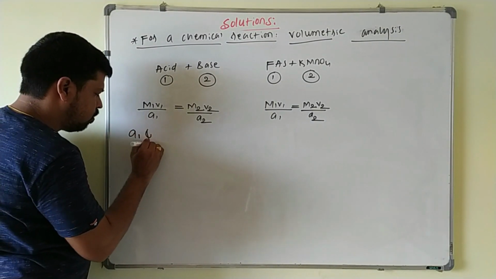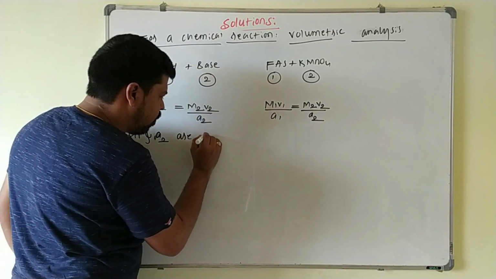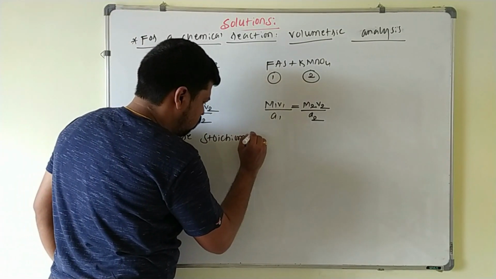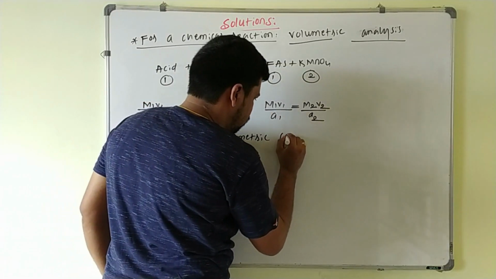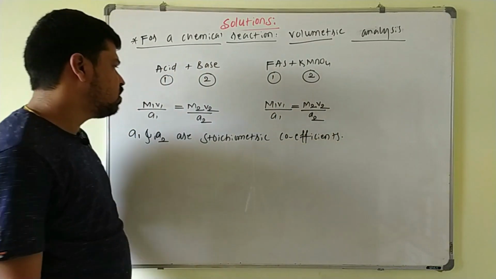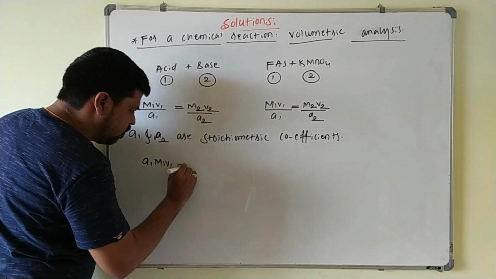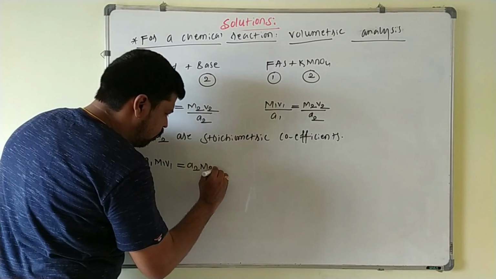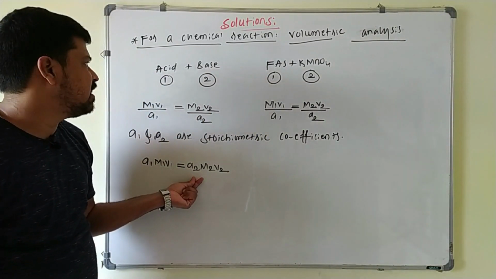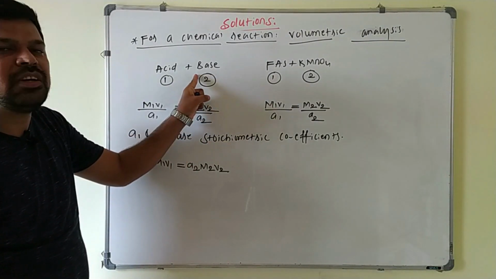A1 and A2 are stoichiometric coefficients. Suppose you write this formula as A1 M1 V1 is equal to A2 M2 V2, then A1 and A2 become valencies, that is, A1 becomes the valency of the acid, A2 becomes the valency of the base.